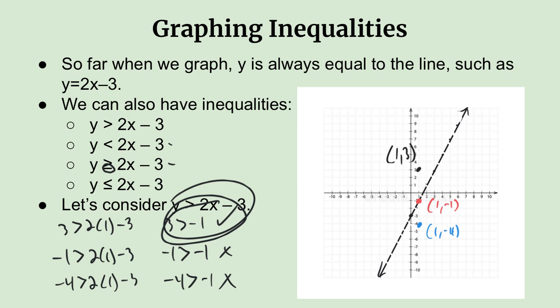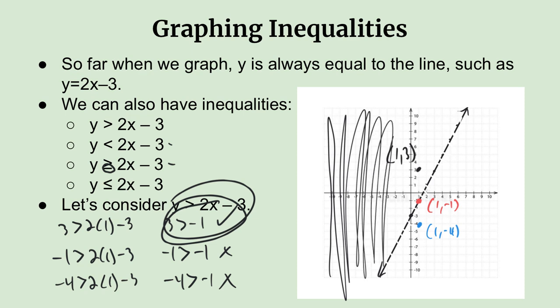Solid means you can be on the line. And then we're going to shade everything above the line because any of these answers up here are solutions. So that is how you graph an inequality.